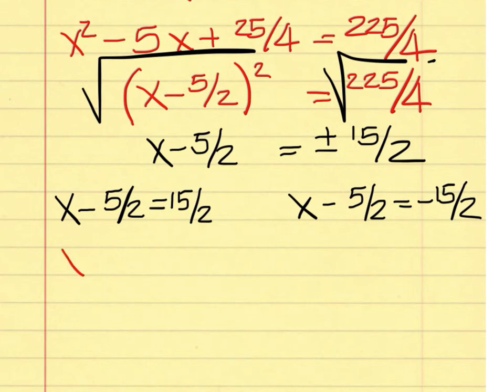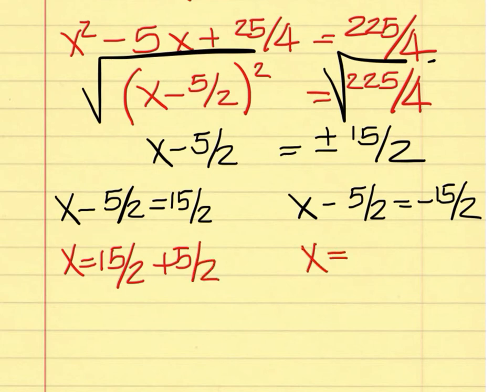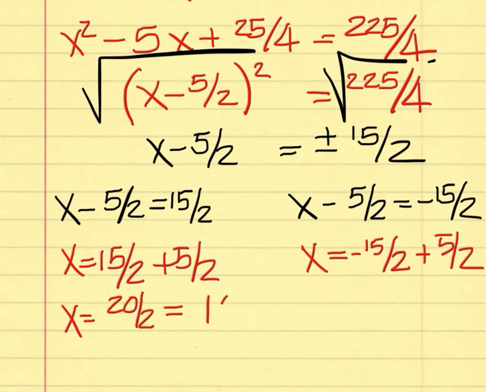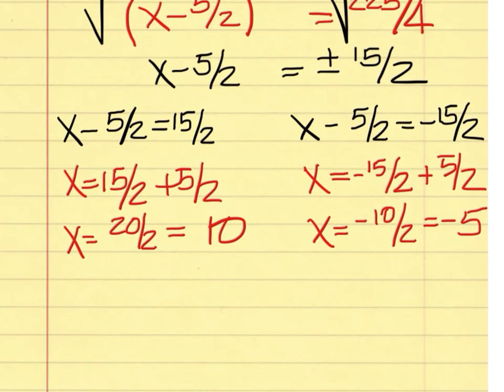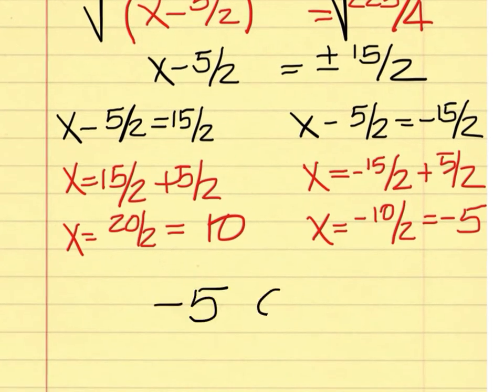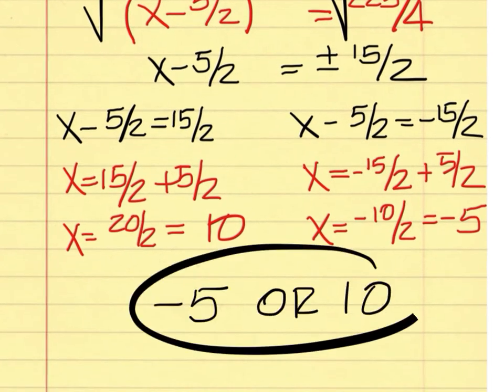On the left-hand side, x equals 15 over 2 plus 5 over 2. And then on the right side, x equals negative 15 over 2 plus 5 over 2. This is 20 over 2, which is equal to 10. And then on the right side, that's going to be negative 10 over 2, which is equal to negative 5. You should have negative 5 or 10 for your answers.